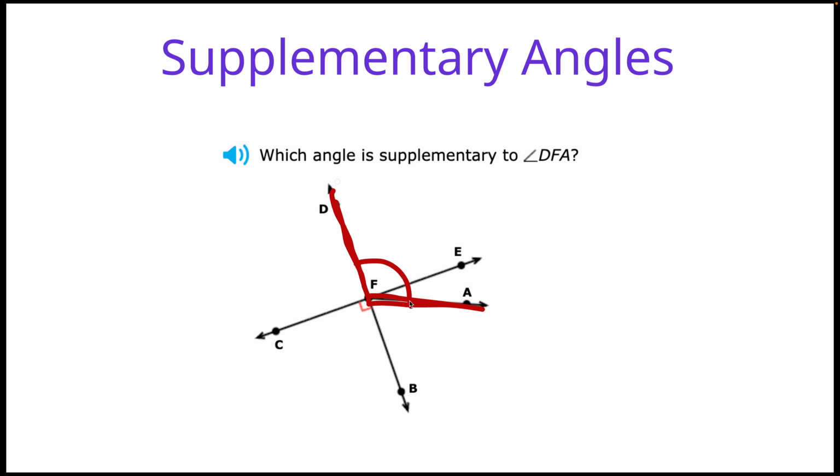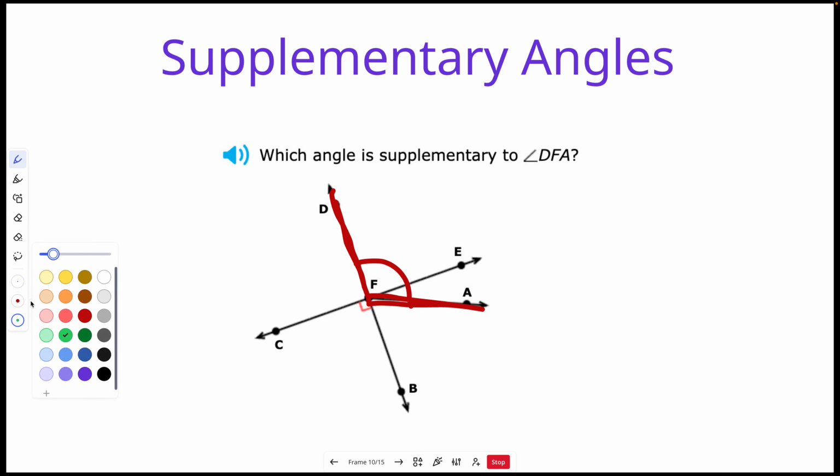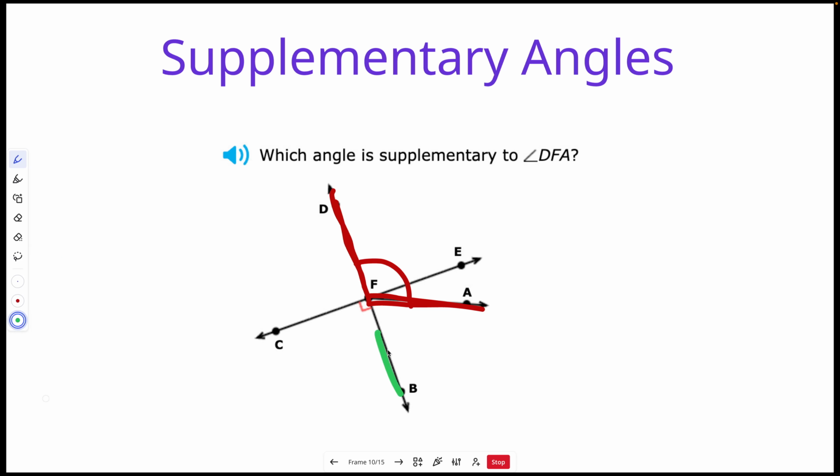And the answer to that, let's use a different color here, and let me make this slightly smaller, is BFA. And the reason is because this whole angle from here to here is 180 degrees, right? It's a semicircle.